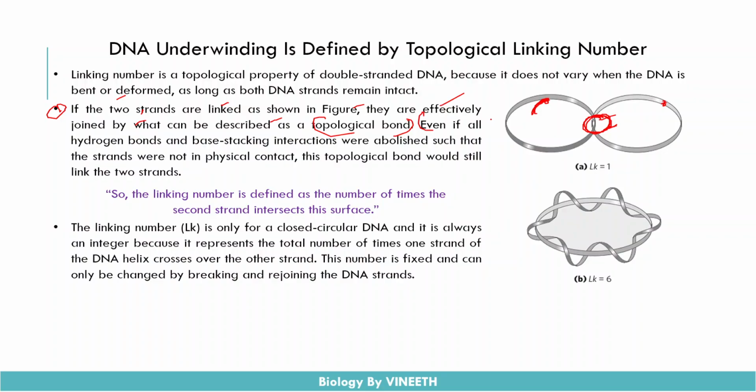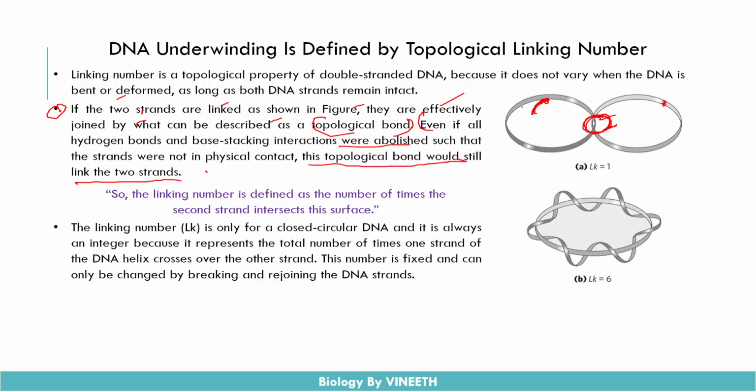Even if all hydrogen bonds and base stacking interactions were abolished, that means if we remove all the hydrogen bonds and base stacking interactions such that the strands were not in physical contact, this topological bond would still link the two strands. That means this bond actually enhances the stability.